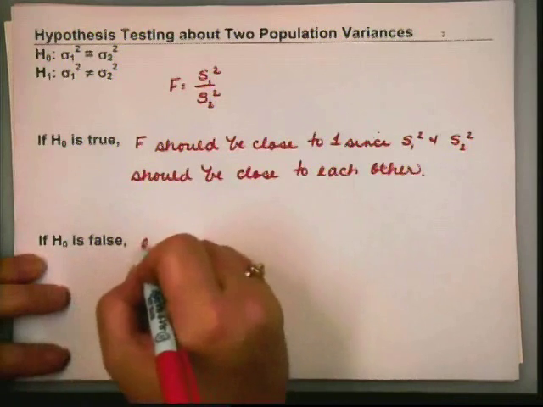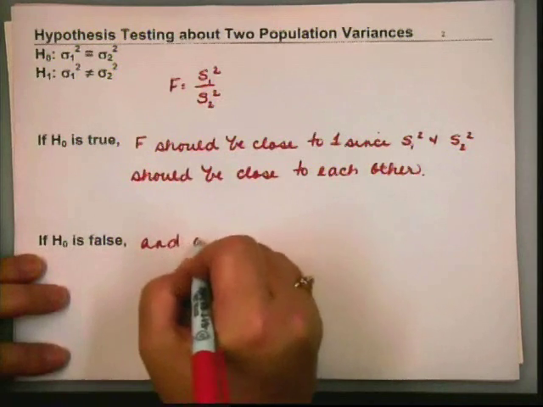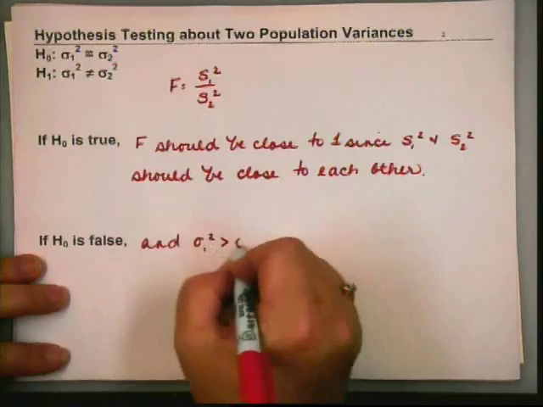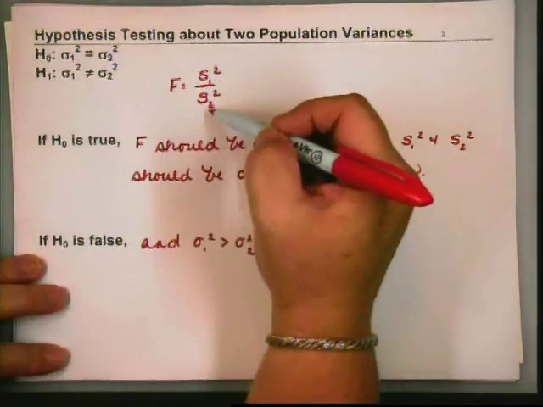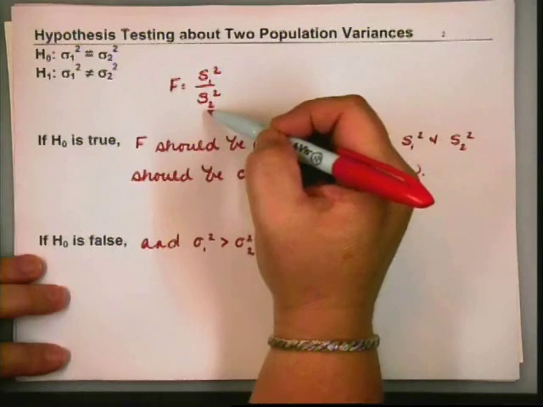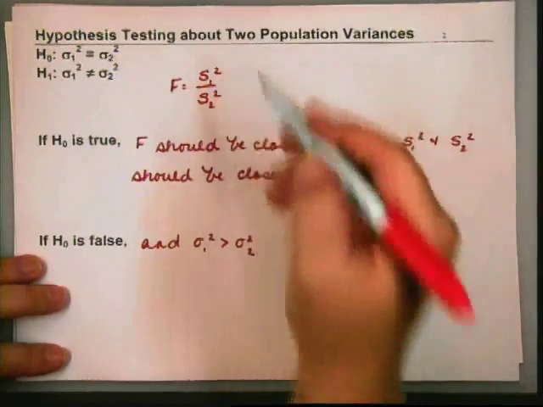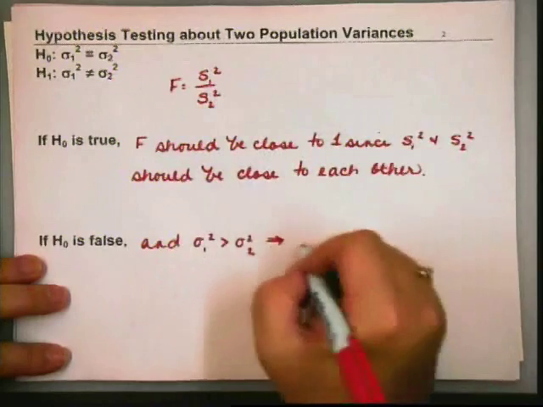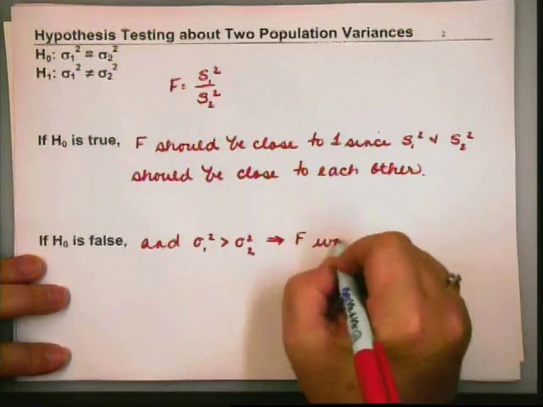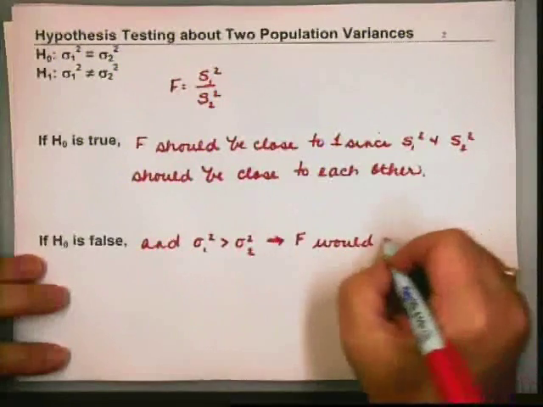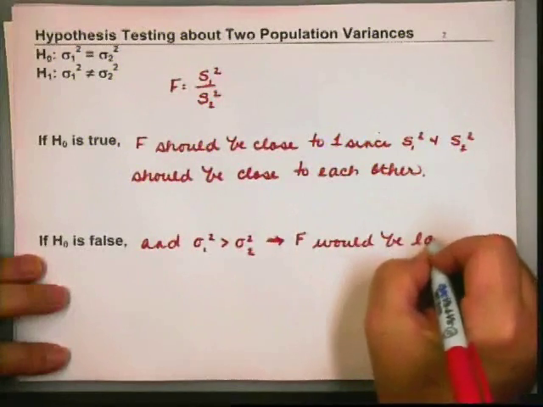If H naught is false and, let's say, sigma 1 squared was greater than sigma 2 squared, then S1 squared in the numerator is going to tend to be bigger than S2 squared in the denominator. That would tell me we would expect an F larger than 1.